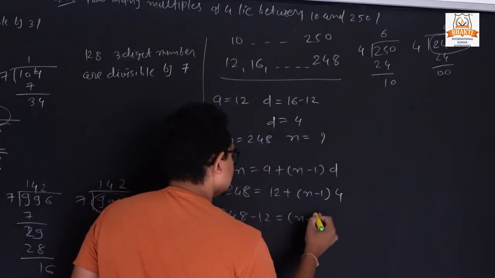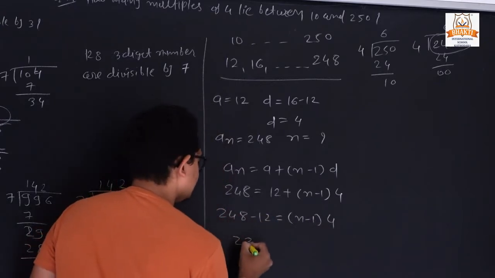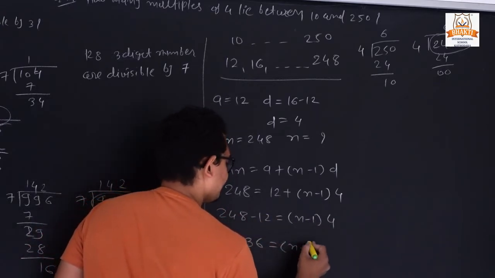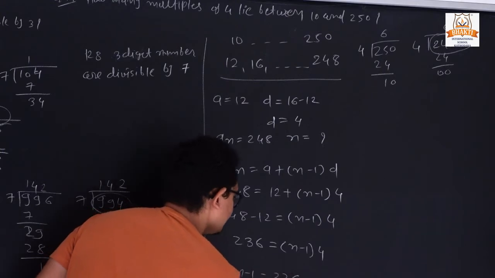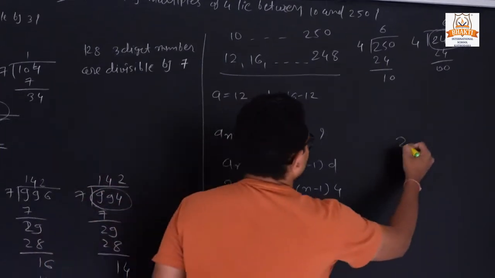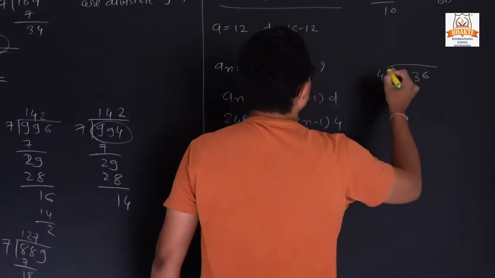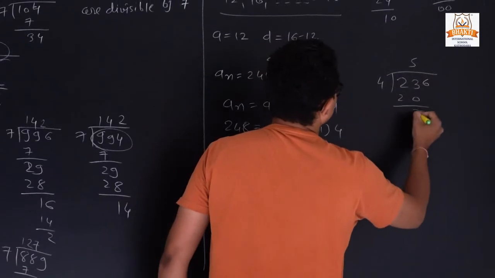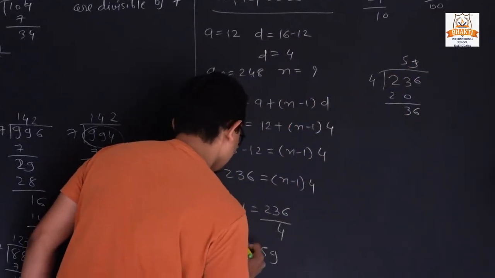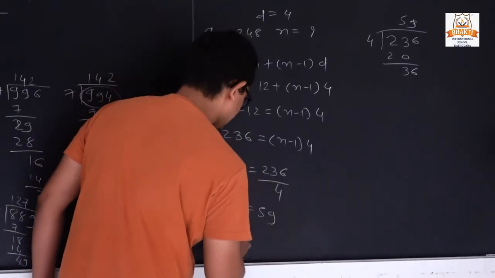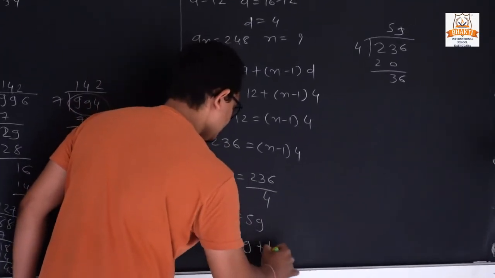Now this 12 is going to the second side, so it becomes minus, so it is 236. Now this 4 is going to the second side, so it will be division. So 236 divided by 4: 4 fives are 20, 4 nines are 36, so it is 59. Now this minus 1 is going to the second side, so it becomes plus.